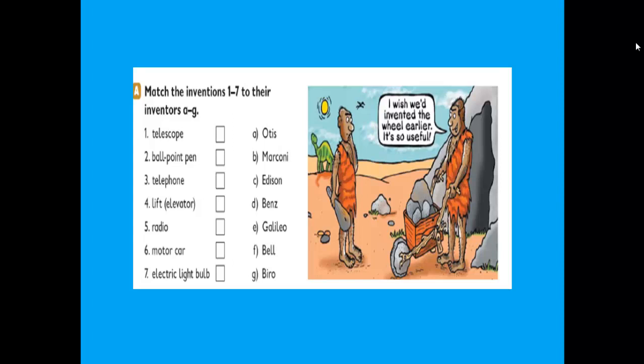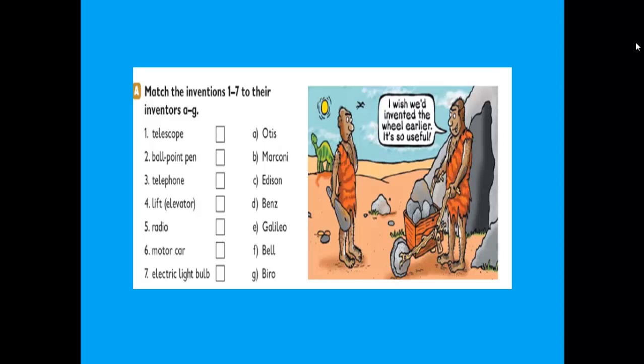And on the left we have this question: match the inventions from 1 to 7 to their inventors from A to G. The first invention is telescope, the second ballpoint pen, the third one telephone, number 4 lift or elevator, radio, motor car, and electric light bulb.